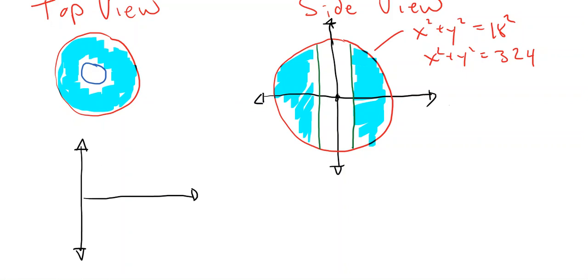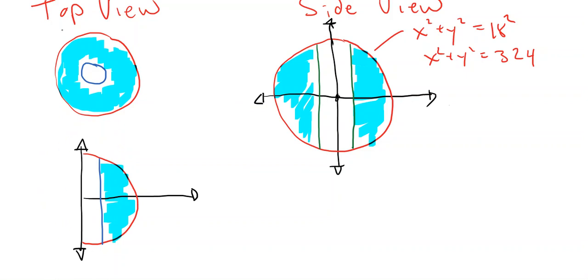What we've got is our ball, and then we've got the hole drilled through it. And so our area is here. And you could think of this area right here as being rotated about the y-axis.